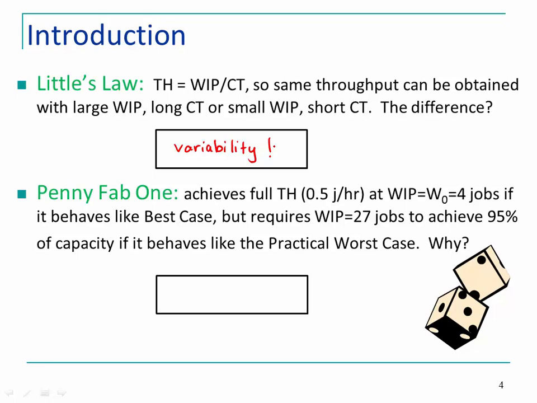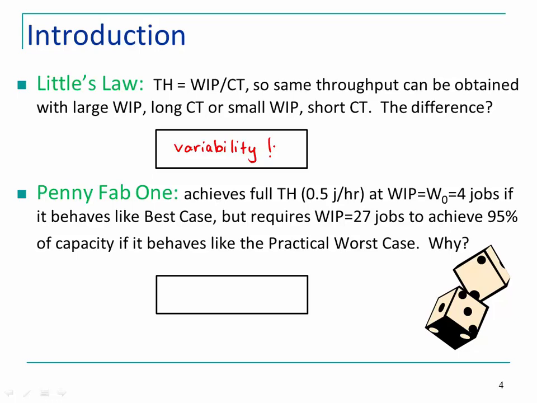And if you remember the example that we discussed, the penny fab one, in which we were looking at these pennies that were going through the lines, for the perfect case, we were able to see that it achieves a full throughput of 0.5 jobs an hour when the width, or the critical width, was 4. And that was the case in which we had the line with the penny on each one of the stations. So that's basically when it behaves as the best case.